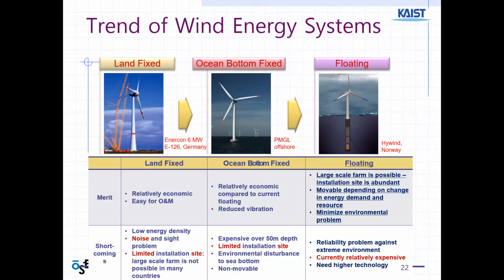But on the floating side, the problem is the cost, the economy, because it is floating and far away, so you need more structure, a floating body of larger size. So once again, the economy is a problem here because of the cost. Anyway, the trend is going far away and larger.